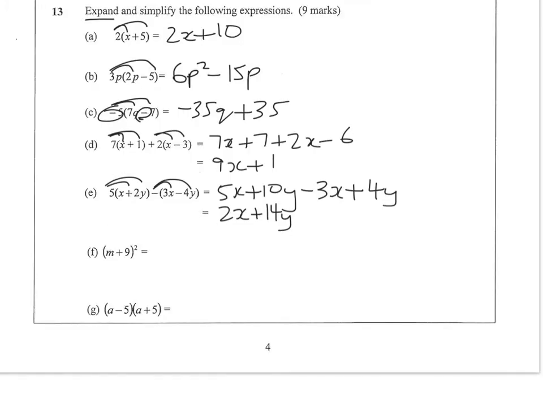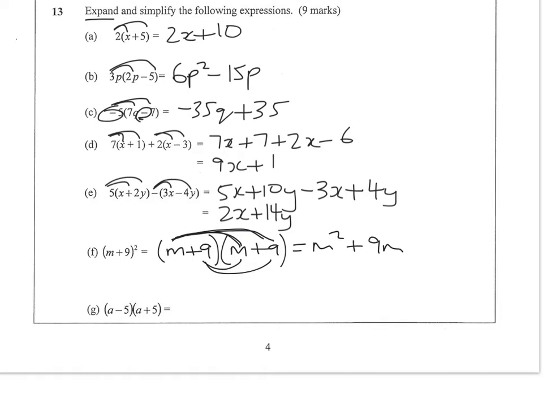Okay, F, perfect square. Now, we can rewrite the bracket again because it's times by itself, it's square. Now, we can use double rainbows. So m times m is m squared. M times 9 is 9m with a positive. 9 times m is 9m. 9 times 9 is 81.